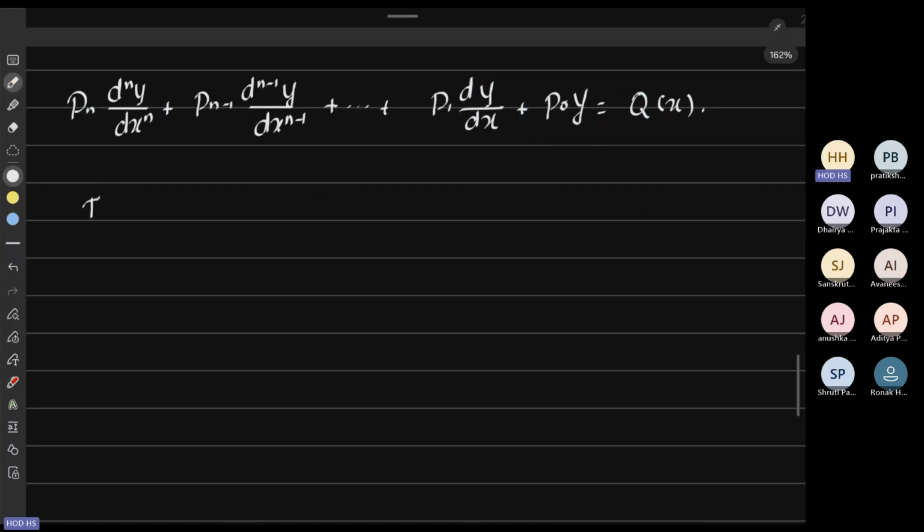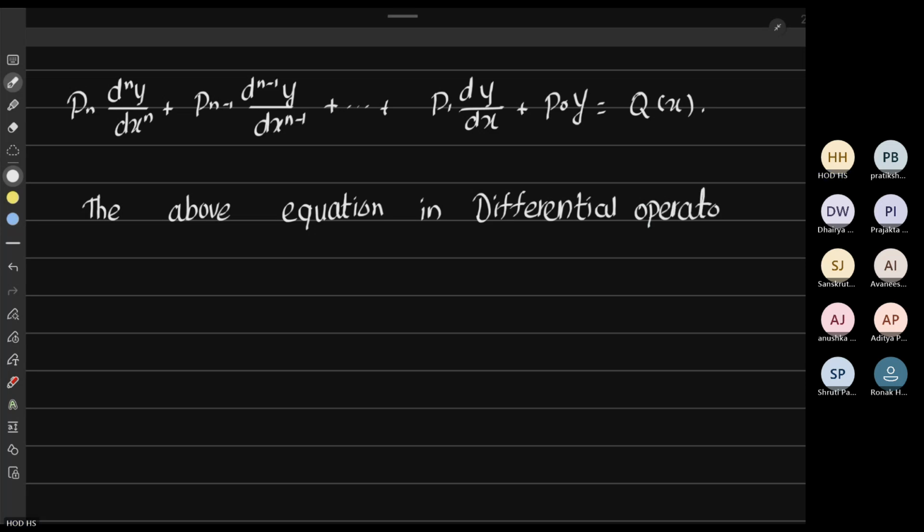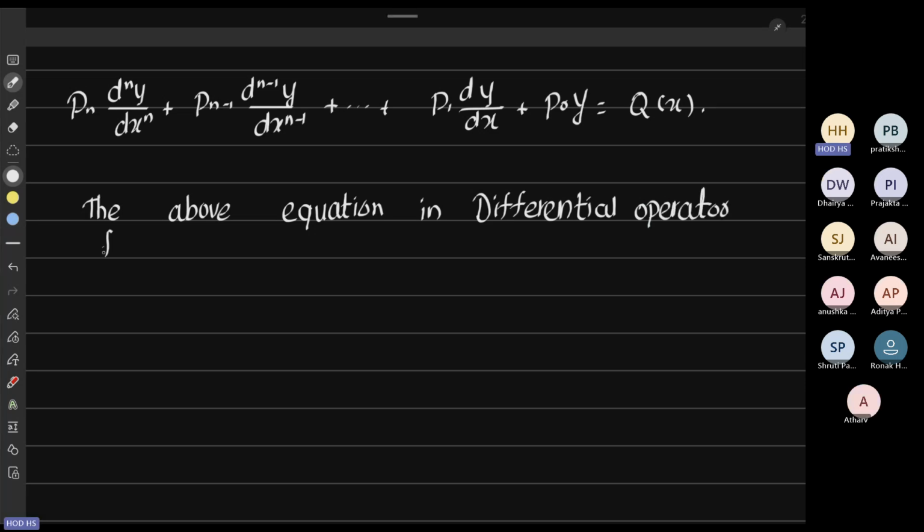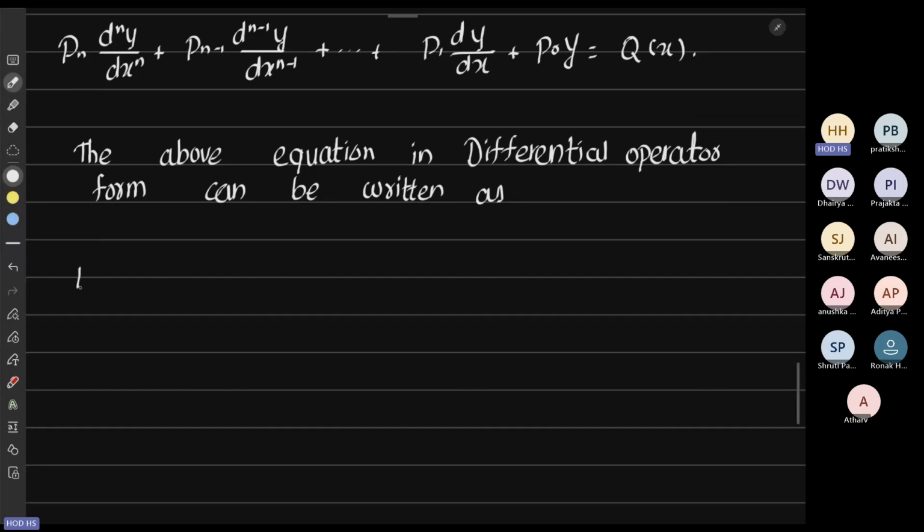The above equation in differential operator form can be written as follows. Pn is a constant.